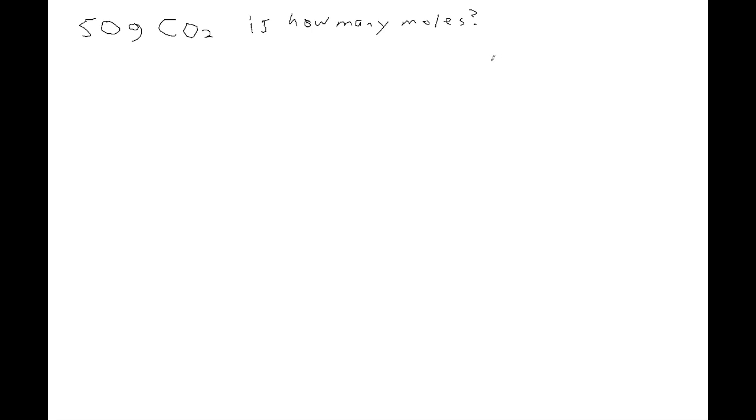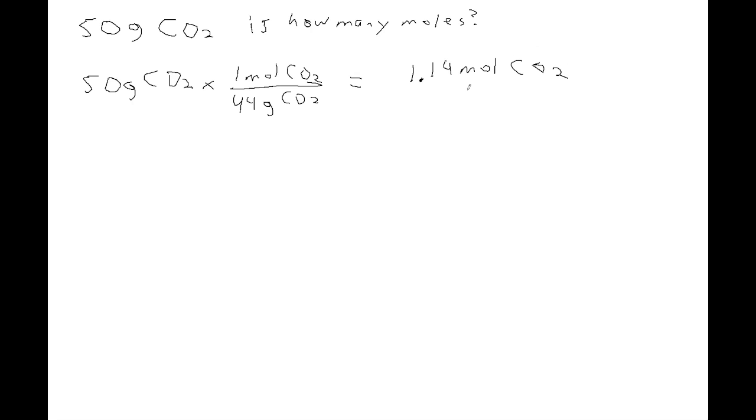So then you just do 50 grams of carbon dioxide times 1 mole carbon dioxide over 44 grams carbon dioxide, which gives you 1.14 moles. Okay, good. That's right.